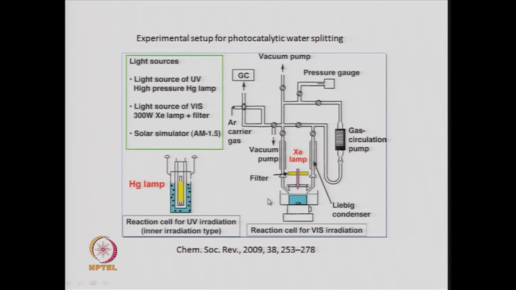You can always use a higher energy lamp like a mercury lamp, but to see whether only the visible region is active, you need a xenon lamp, because UV radiation will also create electrons and holes in a system where the band gap is in the visible, but visible radiation will not promote electrons and generate holes if the band gap is in the UV region. So, visible light will show you certainly that the band gap is in the visible region.